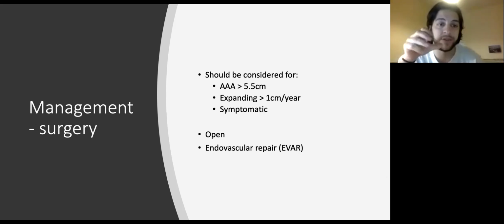However, EVAR has a higher rate of reintervention and aneurysm rupture. A common reason for reintervention is complications of EVAR, as you can sometimes get leaks around the aneurysms. After 2 years, the mortality for both procedures is about the same. So open repair might be more appropriate for younger, fitter patients who can tolerate the major surgery a little better.